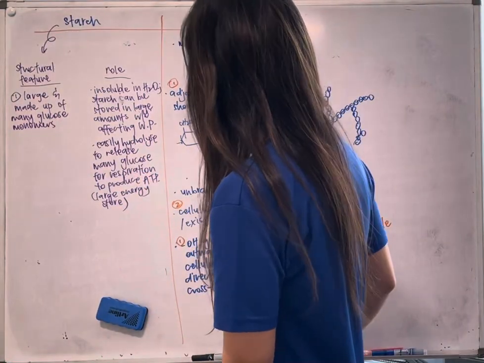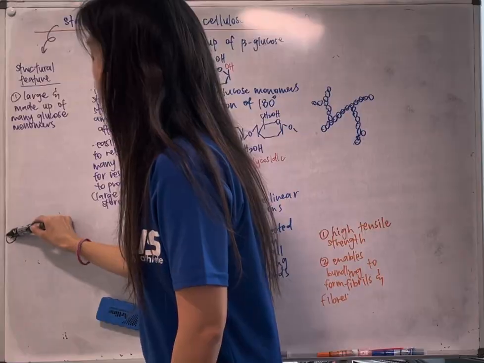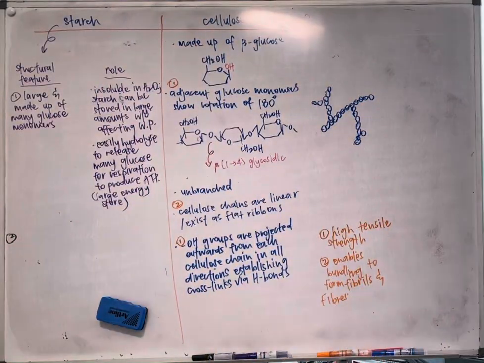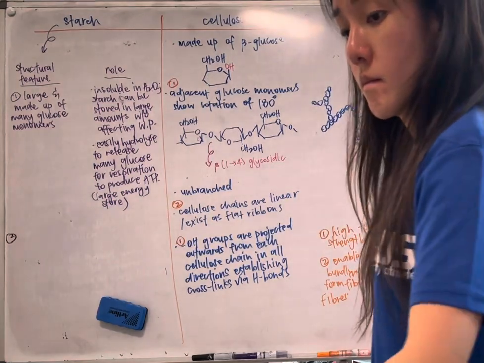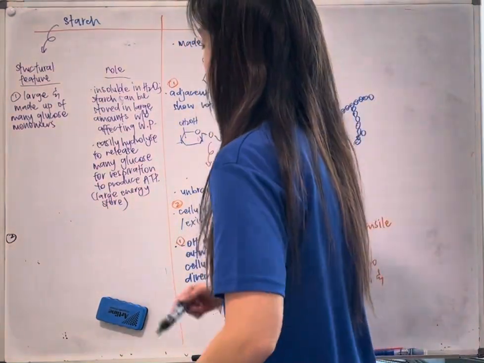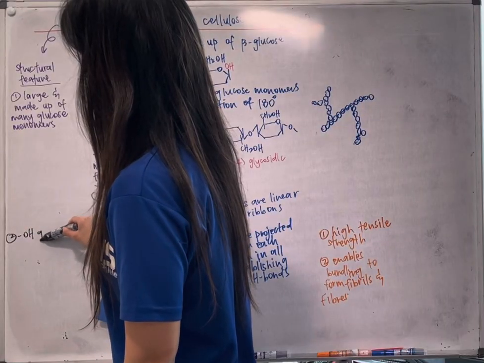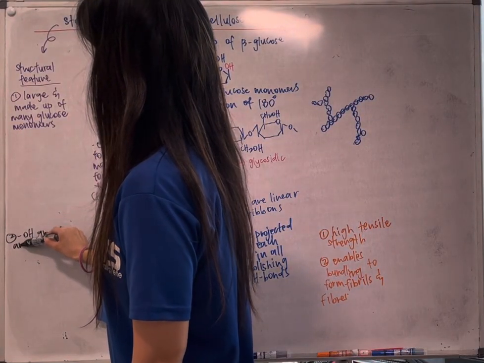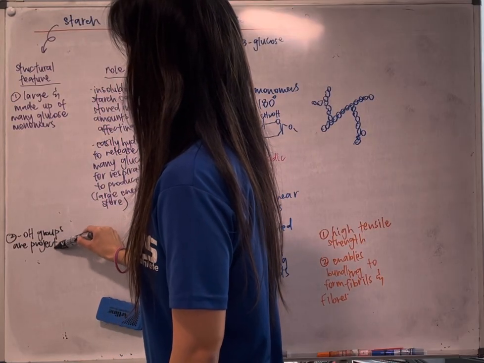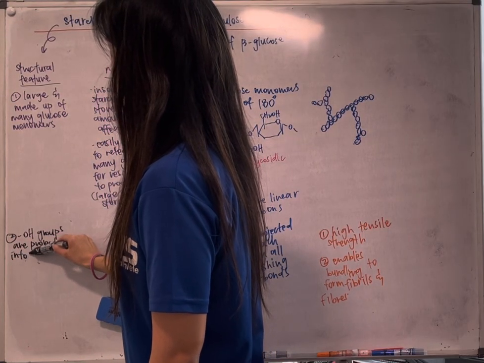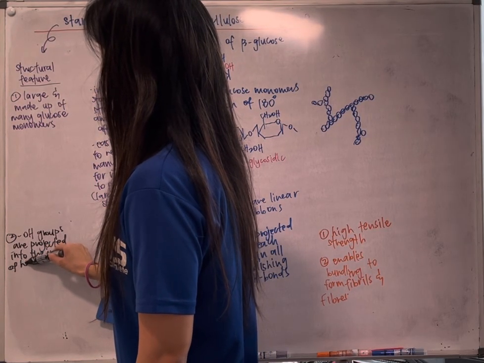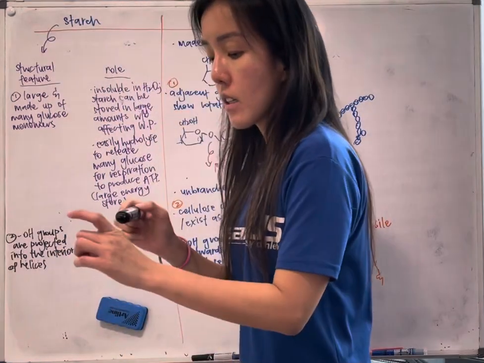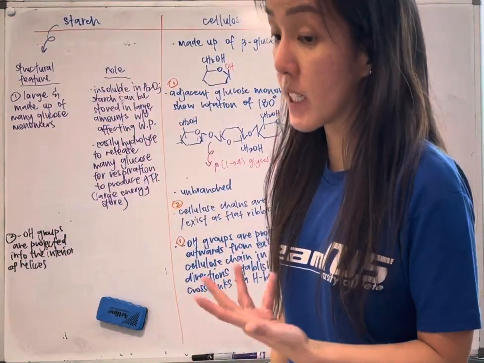Next one, Sarah, what's another feature of starch that makes it a good storage polysaccharide? OH groups are projected inwards. Why is that necessary? Prevent cross-linking. Why is that necessary? I don't know. Think about this. You want to hydrolyze glucose, right? Cross-linking via hydrogen bonds, do you think more energy needs to be overcome to break those hydrogen bonds?